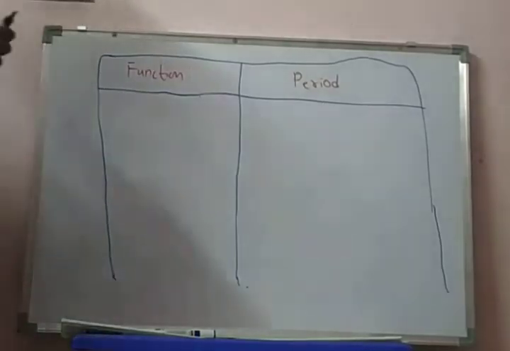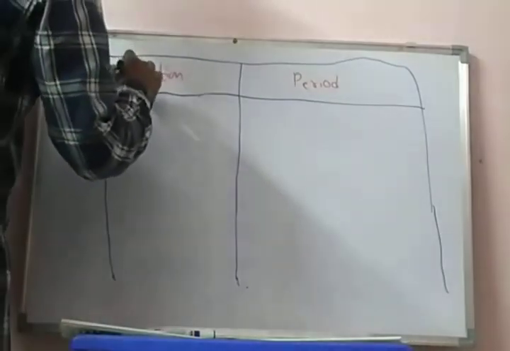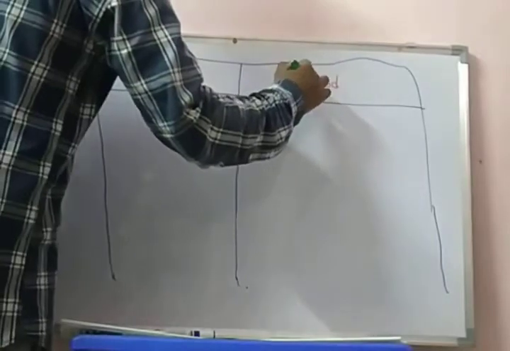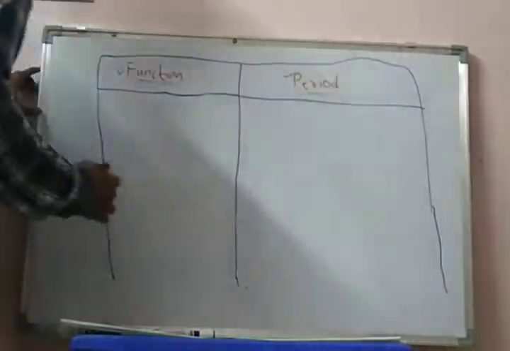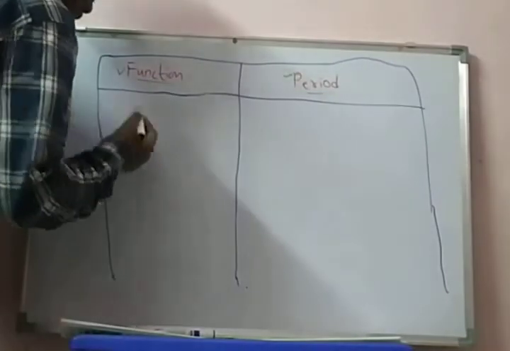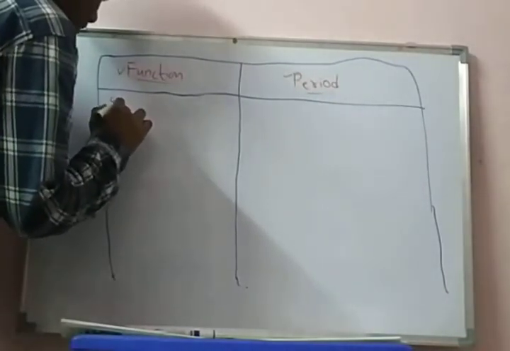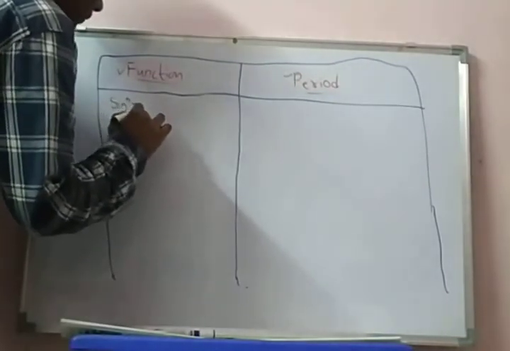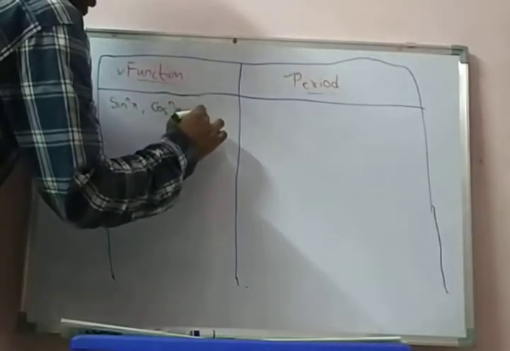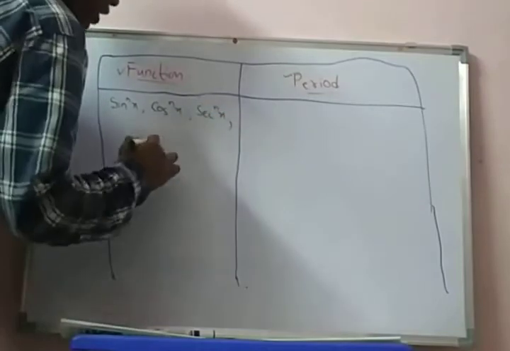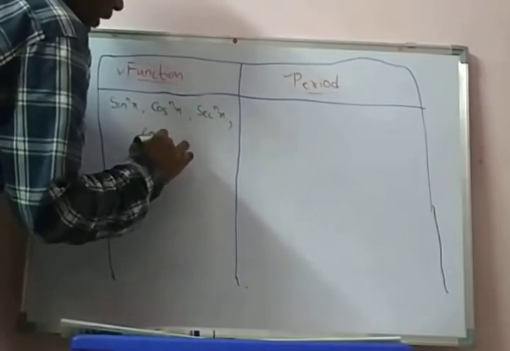Now the periods of the different functions we are going to learn in this table. Let us take group A: sin power nx, cos power nx, secant power nx, and in the same way cosecant power nx.